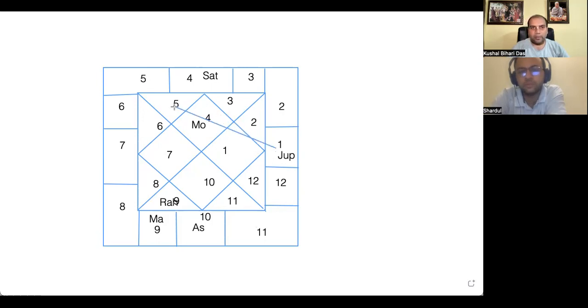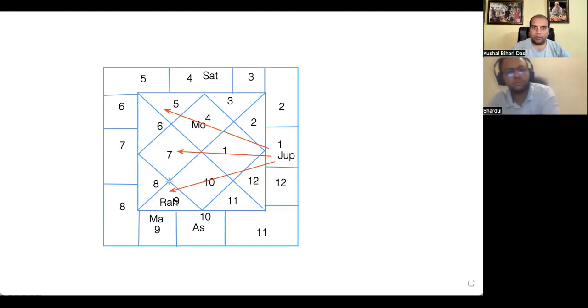Now Jupiter from here will be aspecting this house, or this and this house, and this house. So the girl's Jupiter is aspecting these three houses.